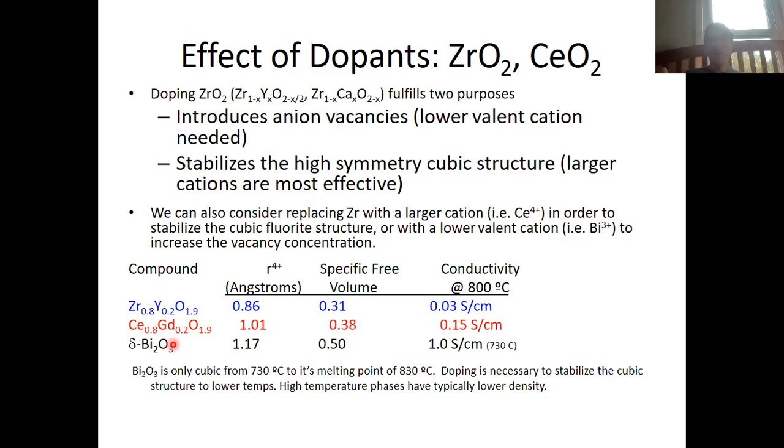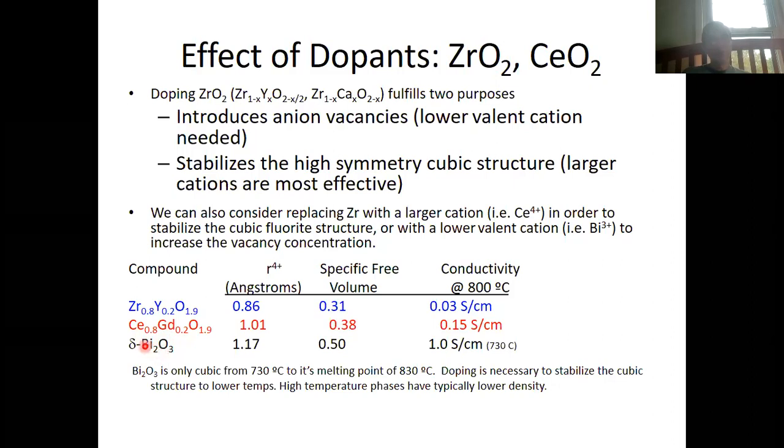So the empirical formula would be BiO2. Okay, but now some of the oxide ions are missing because the bismuth has a 3 plus charge, and the composition becomes Bi2O3. So we have basically a fluorite structure here in which 25% of the oxide sites are not being occupied.